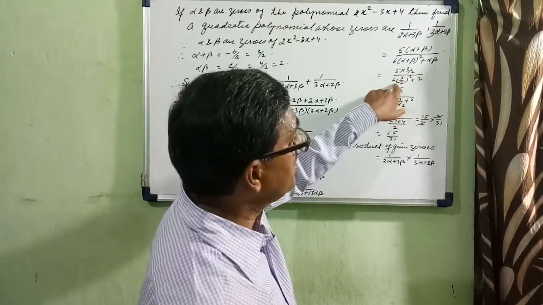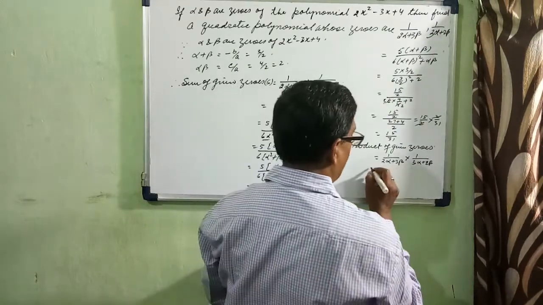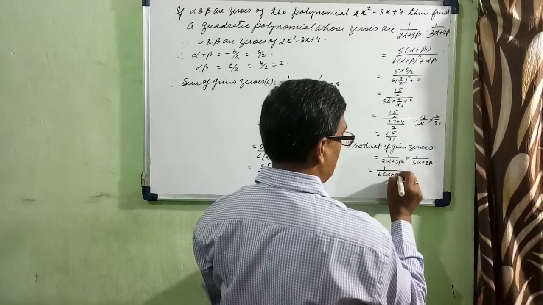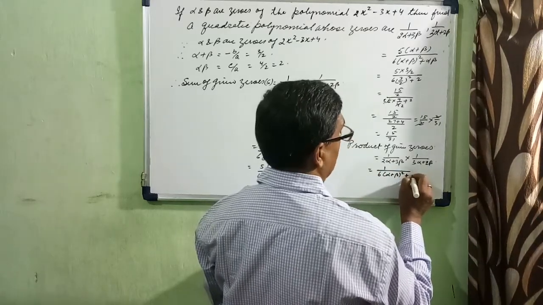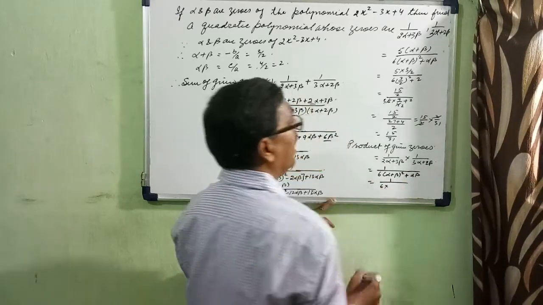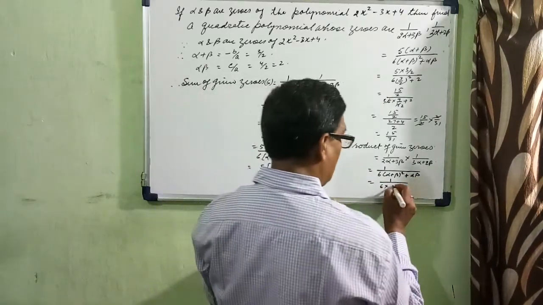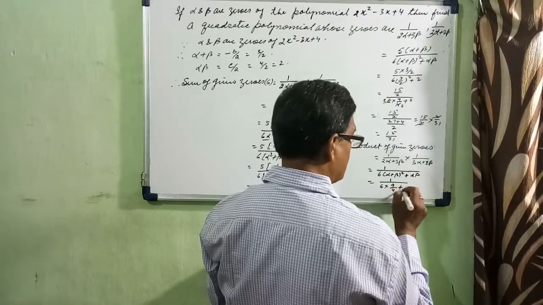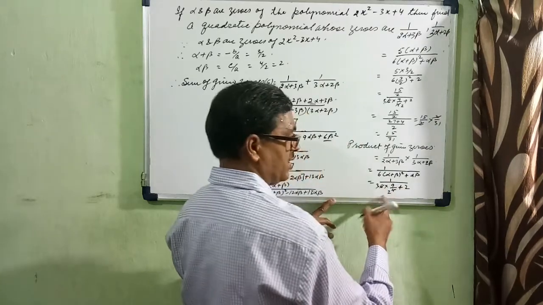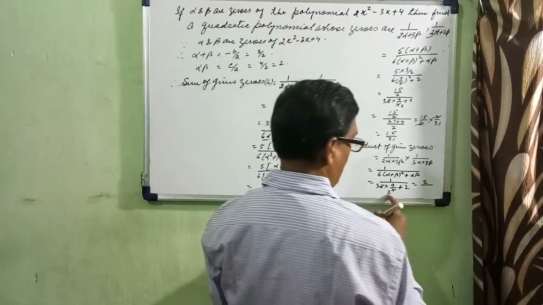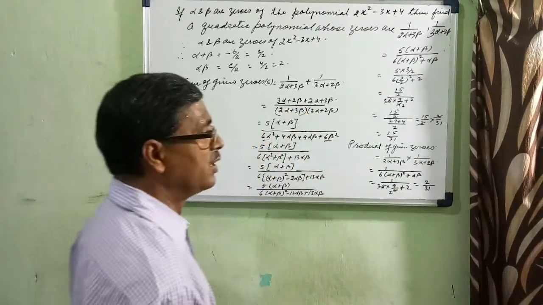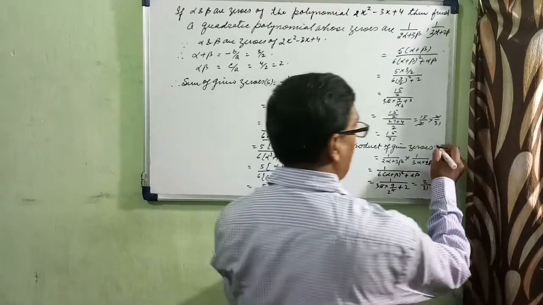Rather, you can substitute this one also. So anyway, I will take here 1 by 6 (alpha plus beta) whole square plus alpha beta. How much is it? 6 into alpha plus beta is 3 by 2, so it will be 9 by 4 plus alpha beta is 2. 2 threes are 6, 2 twos are 4, so how much is it? 2 will go up, and 9 threes are 27 plus 4, 31. So this is the product, that is your P.